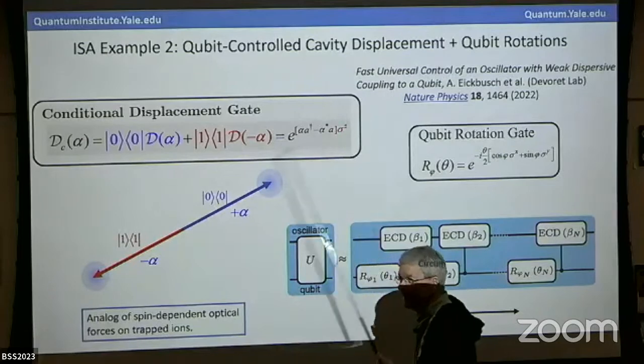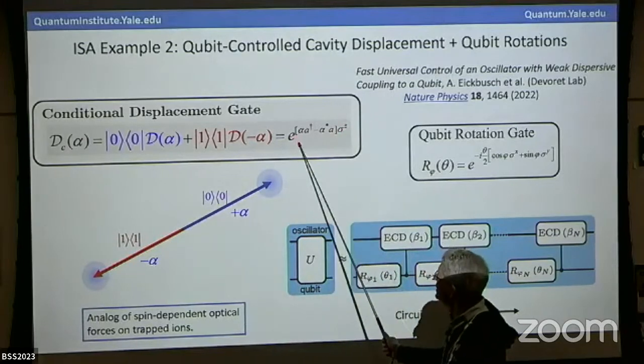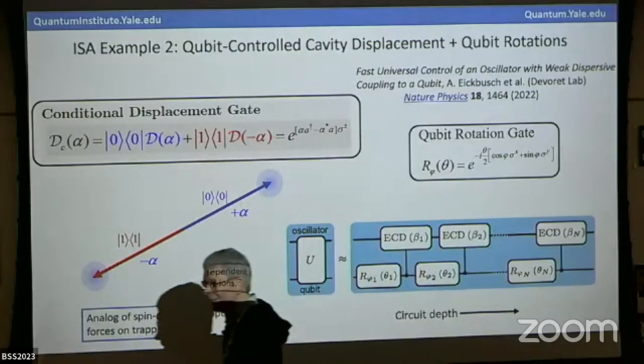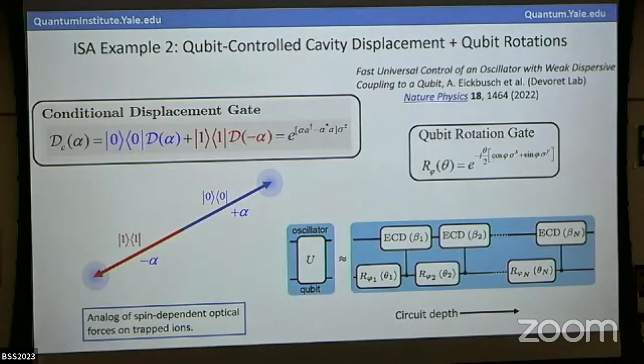The native, yeah, this is sort of natively available in ion traps, roughly speaking. It's not for us. We have this dispersive coupling, which has a preference for sigma z, for the energy eigenbasis. But it could go one step back. You had a dagger with sigma plus and a. Yes.